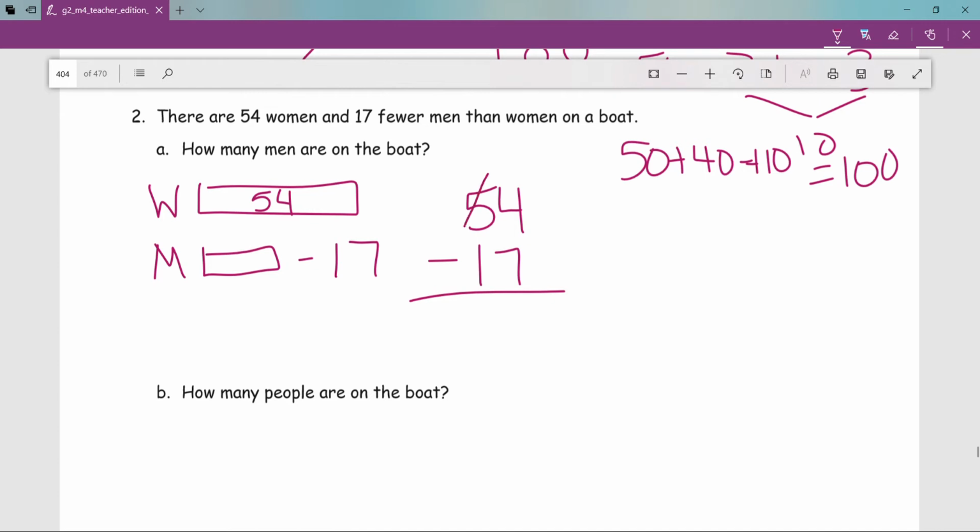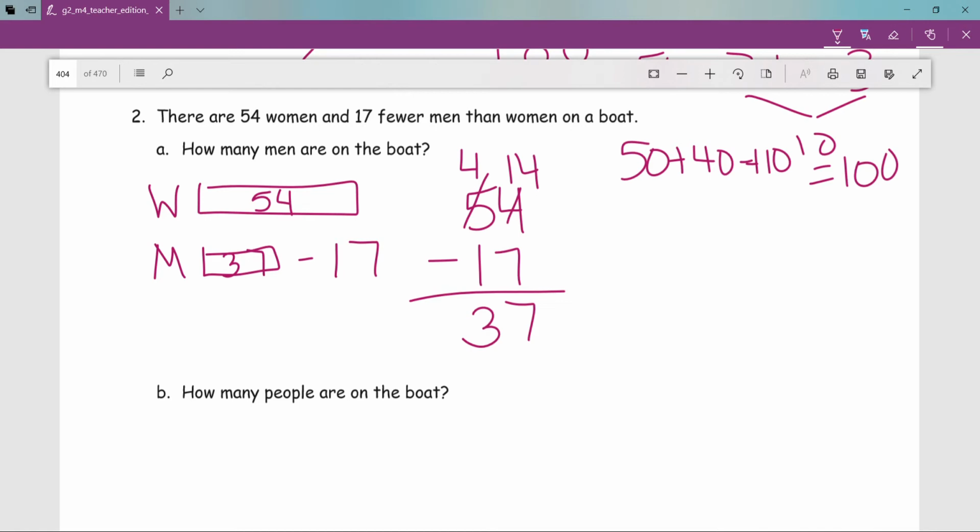So I'm going to unbundle that 5, make it a 4. I'm going to bring that 10 back to my 1s, which now makes that a 14. 14 minus 7 will give me 7, and then 4 minus 1 will give me 3. So now I know that there were 37 men on the boat.